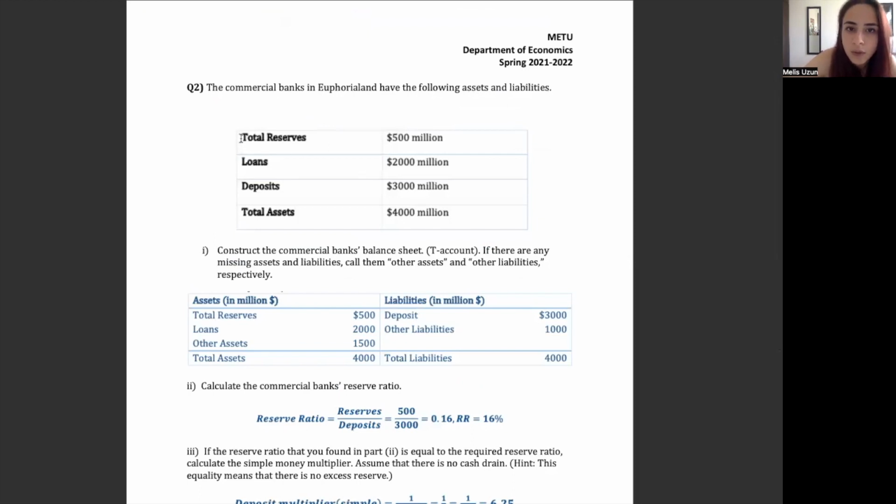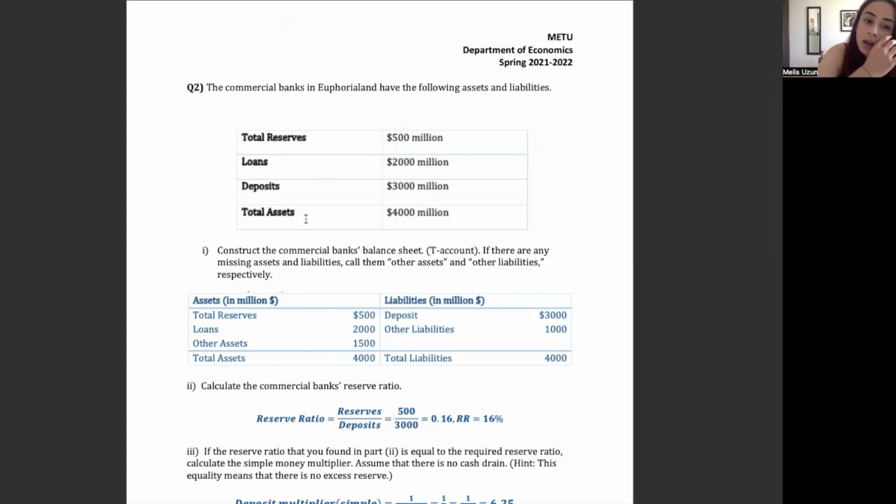Total reserves, loans, deposits, and total assets, we know these. And construct the commercial bank's balance sheet. If there are any missing assets and liabilities, call them other assets and other liabilities.